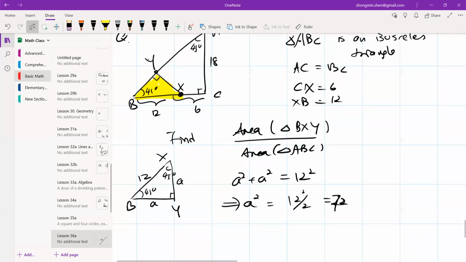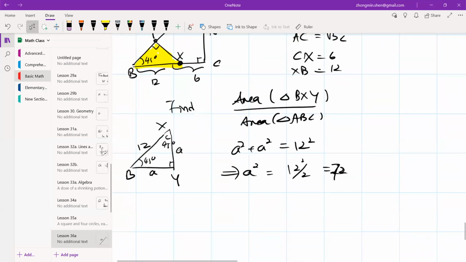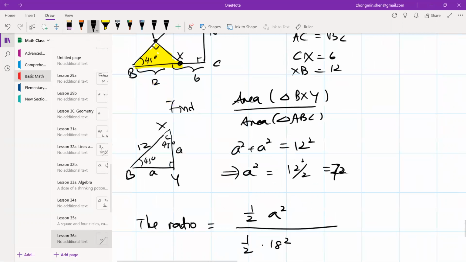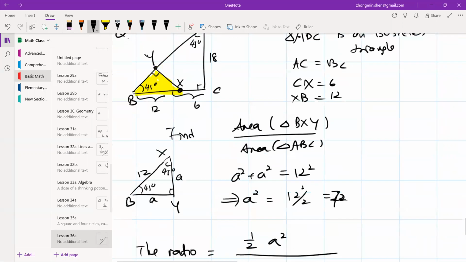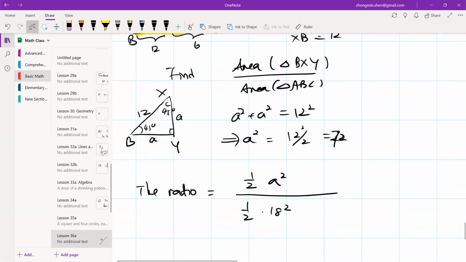Okay. Now, that gives you the area of the triangle BXY, but the area of triangle ABC is already given. So the ratio, okay, is going to be the area of the small one, half of A squared, right, because it's there. And then the other one is half of 18 squared, because I already know the side. Okay, so it's going to be A squared, 72, over 18 squared, and you just simplify it.